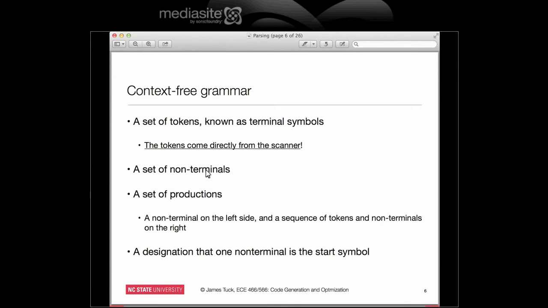Now, usually when we talk about programming language grammars, we're talking about a class of grammars known as context-free grammars. The word context-free tells you something really important about these grammars.